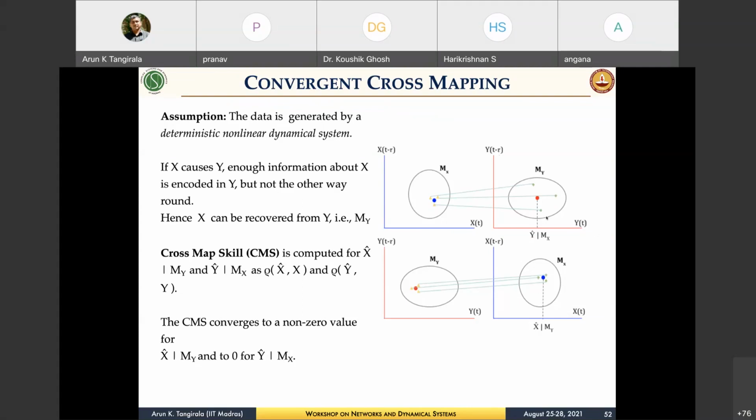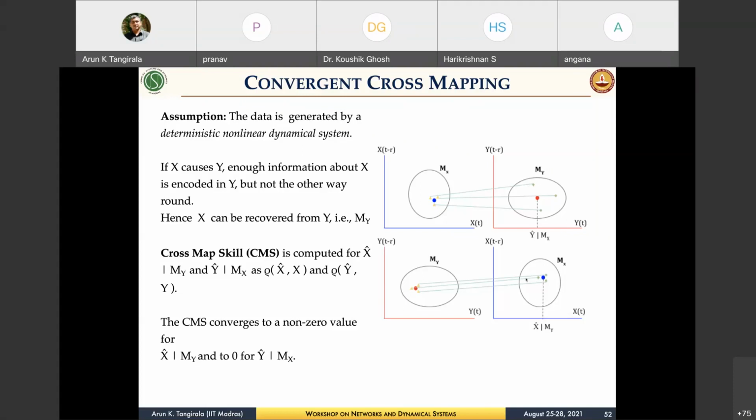You go to the manifold of Y, and you identify points that are nearest, and then you recover X based on those points that are very closely situated in the manifold of Y. The premise is that if there are points close in the manifold of Y, then you will be able to recover X very well.